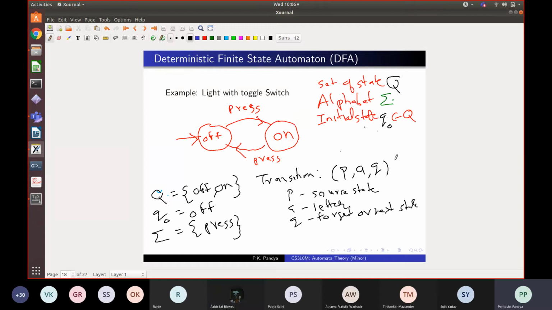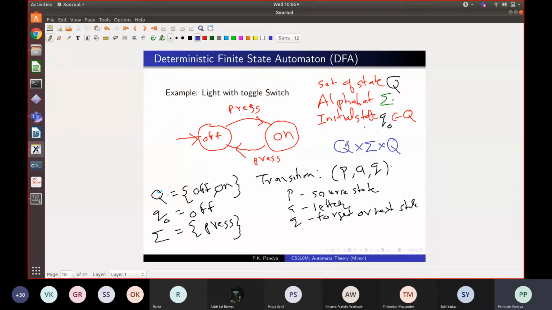So this tuple comes from the following set. Is this notation clear to you? Let me write it in dark blue so that it's clear to you. What do I mean by this triple? Q cross sigma cross Q?